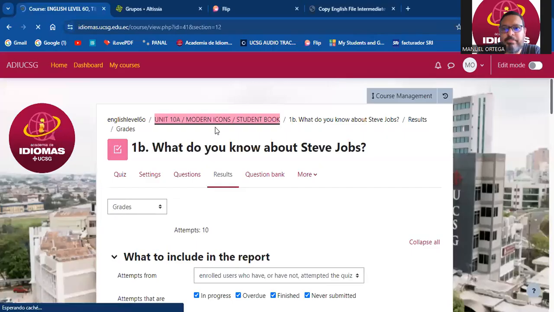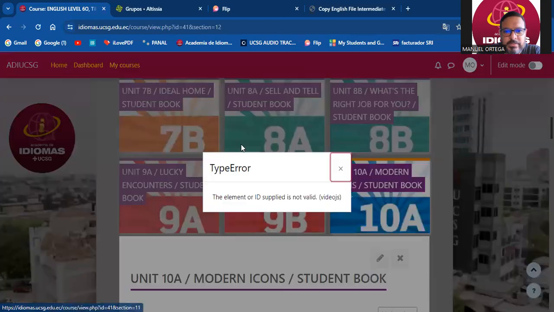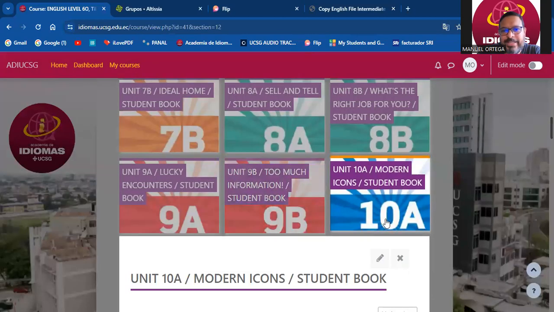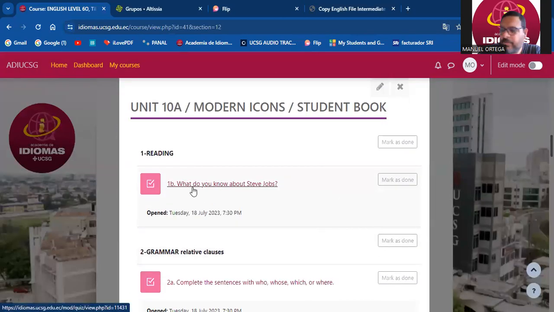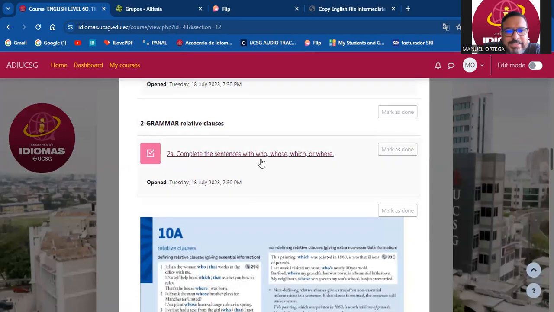Let's go back to the main page. We started unit 10A today, and we just worked on reading the activity 1B. Now we get to section number 2, that is grammar. In the grammar section, we are going to complete the sentences with who, whose, which, or where.